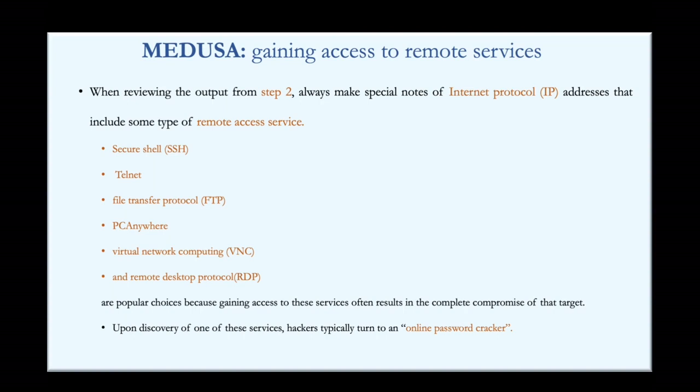You require a password. So how to get this password? Medusa is one tool which tries to crack the password. But for hackers or pen testers, it requires an online password cracker to crack the target machine passwords.